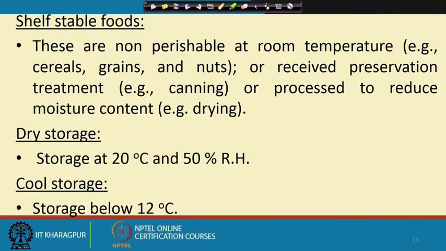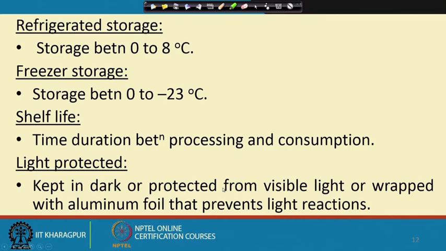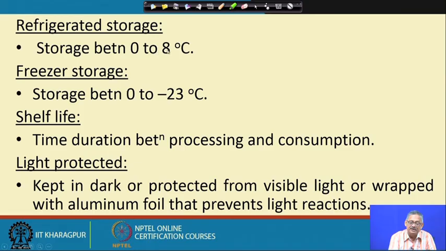Then some other definitions: dry storage, that is storage at 20 degree centigrade or 50% RH; cold storage, that is storage below 12 degree centigrade; refrigerated storage, that is storage between 0 to 8 degree centigrade; then freezer storage, that is storage between 0 to minus 23 degrees centigrade. Shelf life is the time duration between processing and consumption.